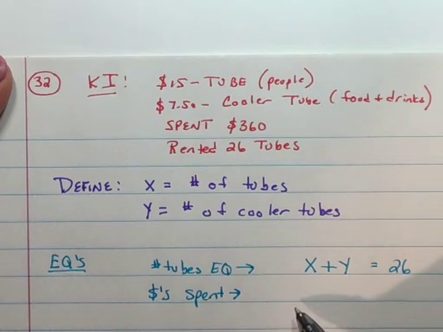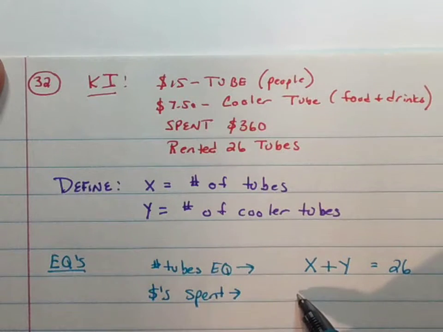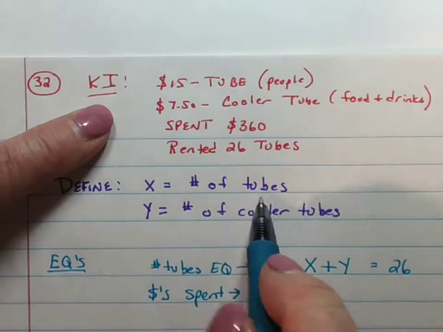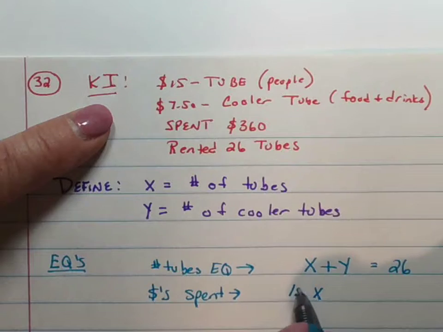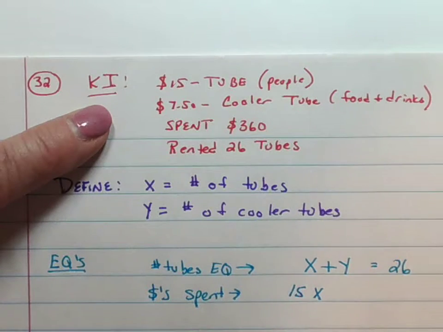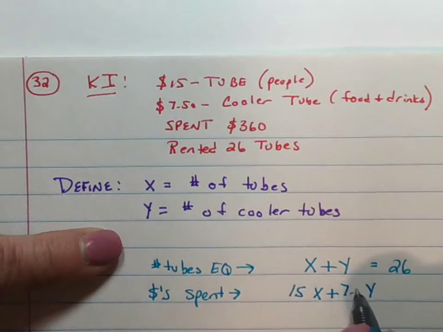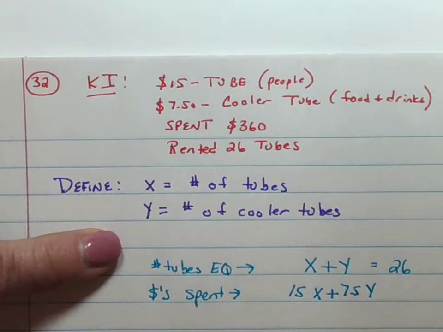For a regular tube, it's $15. And for a cooler tube, which is Y, it's $7.50 or 7.5.